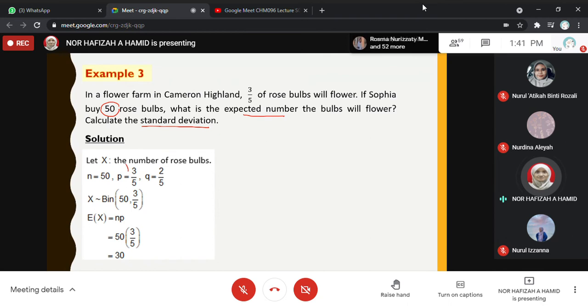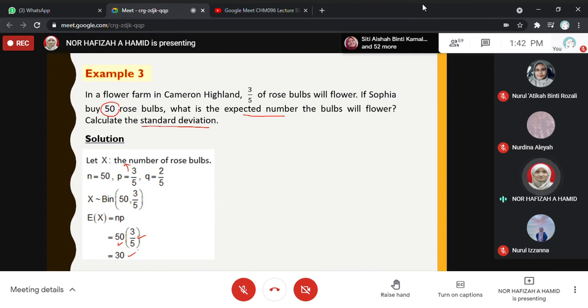So P ni refer to you punya X. Okay, and Q is equal to 2/5. Okay, so X distributed with binomial 50 and 3/5. So you need to find E(X). So E(X) formula dia is NP. So substitute je lah, with 50 and P is 3/5. Okay, and you have 30.